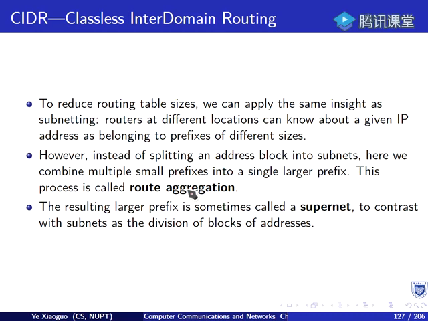We can apply the same insight as subnetting. Routers at different locations can know about a given IP address as belonging to prefixes of different sizes. However, instead of splitting an address block into subnets, here we combine multiple small prefixes into a single larger prefix.